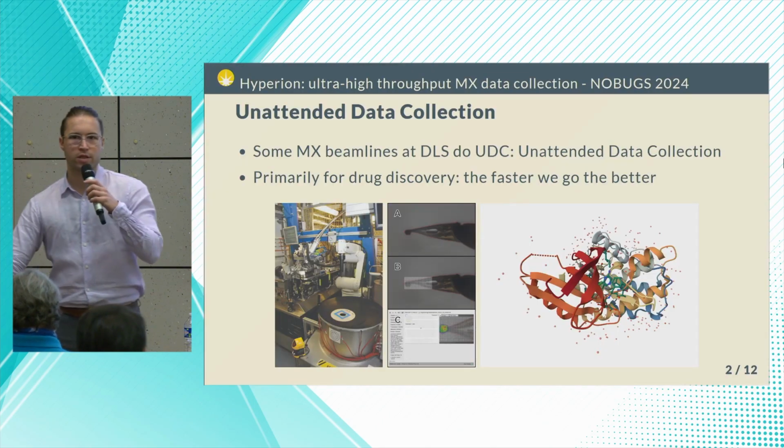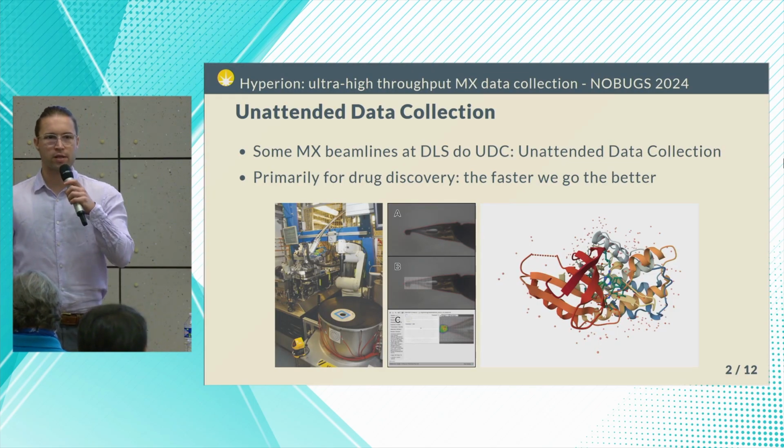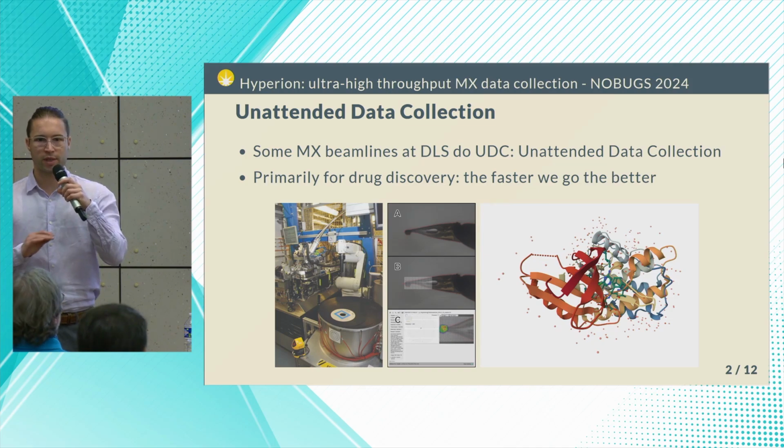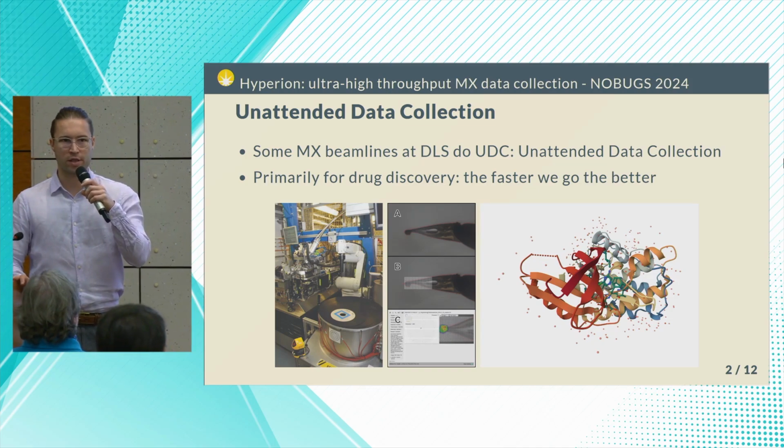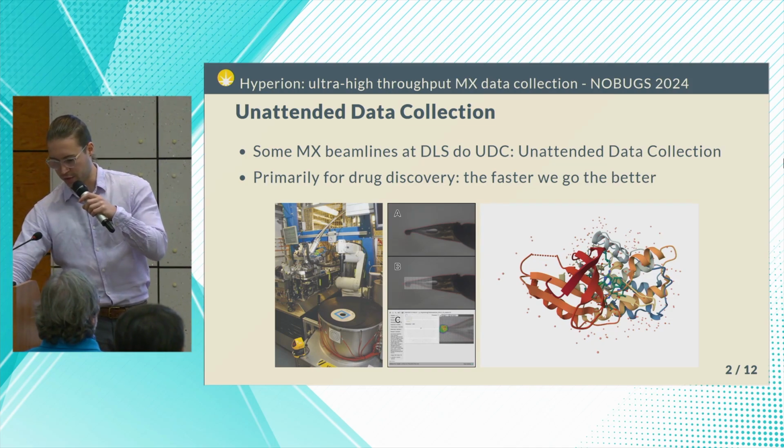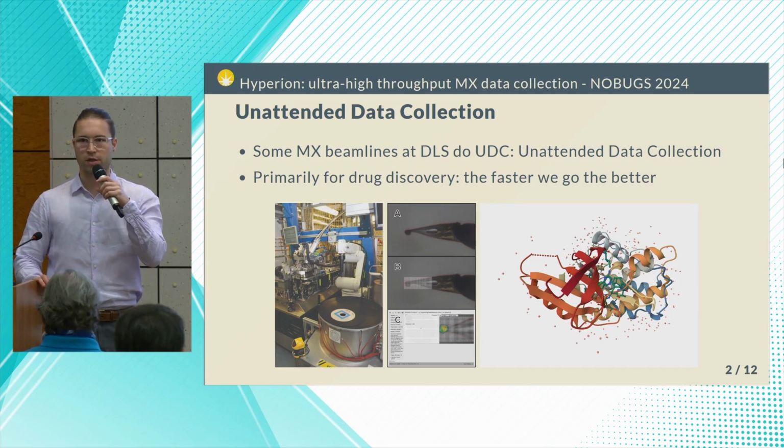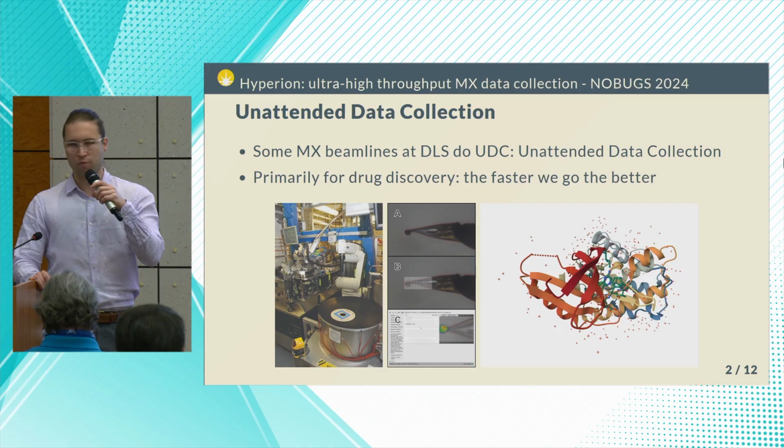So there's a few beamlines at Diamond which do completely automatic, unattended data collections. So users send us their crystals frozen in liquid nitrogen. A robot puts them onto the beamline.